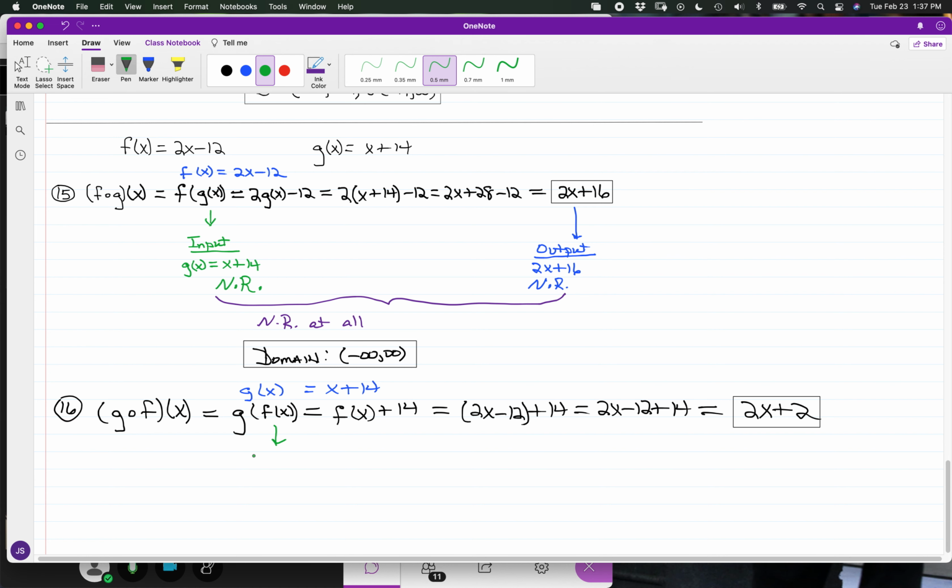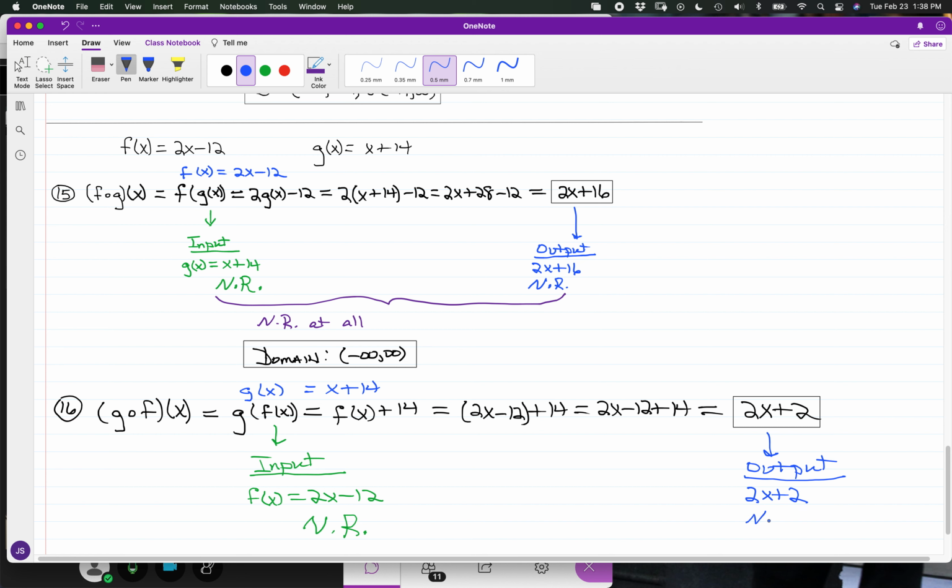And just for the determination of the domain, the input is f of x, which is equal to 2x minus 12, and since we have just a linear expression, again no fraction, no even root radical, we have no restriction. And while we have a different composition, we still have a result that is free of restrictions.